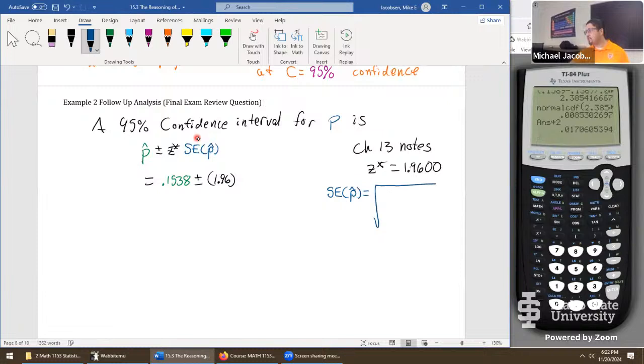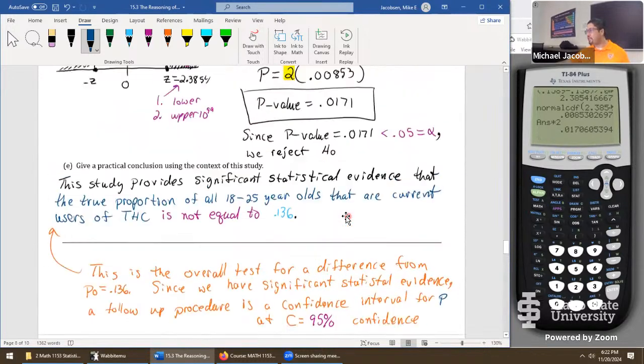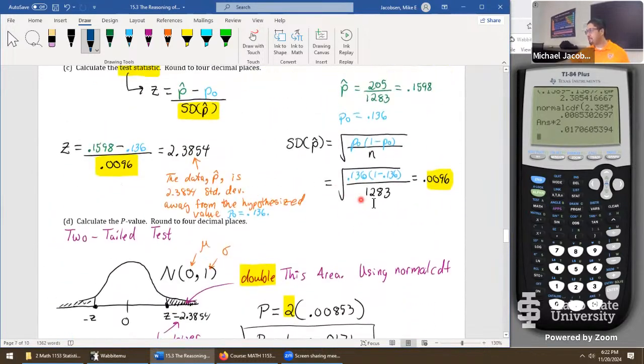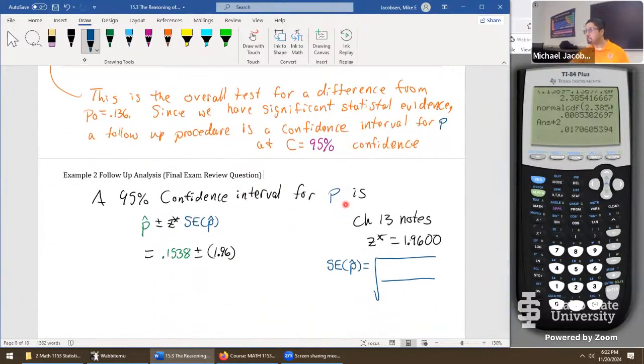goes like this. It's a square root with a sample size in the denominator. I have forgotten the sample size. I think it was like 1283. Yes, so that's our sample size, 1283. In the numerator, we put in P hat. So it's going to be 0.1538 times 1 minus 0.1538.